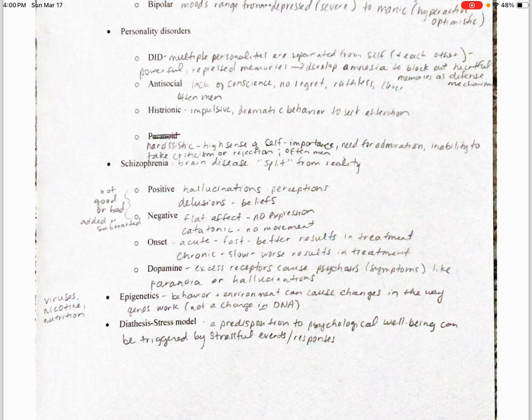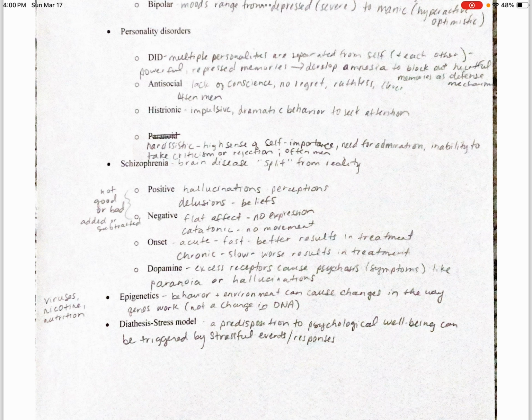And then finally, kind of piggybacking off that is the diathesis-stress model. This was the peanut butter stress test, remember? This is when we have a predisposition to a medical disorder, a mental disorder. So the psychological well-being can be triggered by stressful events or responses. So let's say that we have a genetic predisposition to, let's say depression, because it's so common.